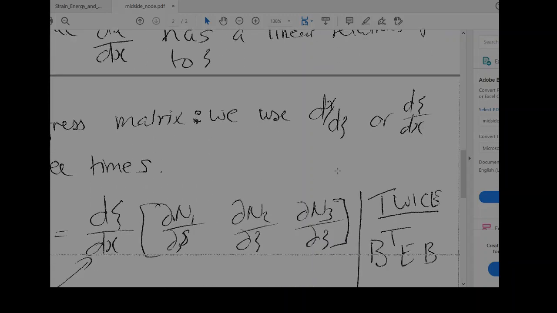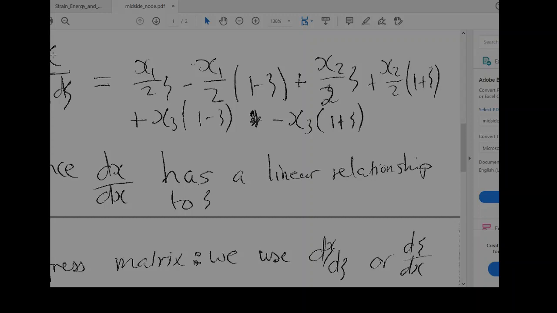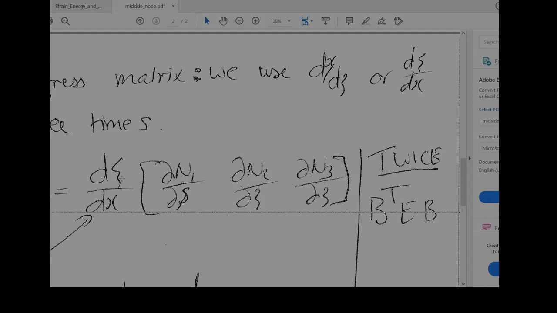The implication is when you look at the stiffness matrix, remember the stiffness matrix had this B, which was d psi dx multiplied by the derivative of N with psi. These N's with psi derivatives were linear terms, these were polynomials that we had. But this d psi dx was 1 over this dx d psi. So d psi dx now becomes 1 over some linear polynomial.